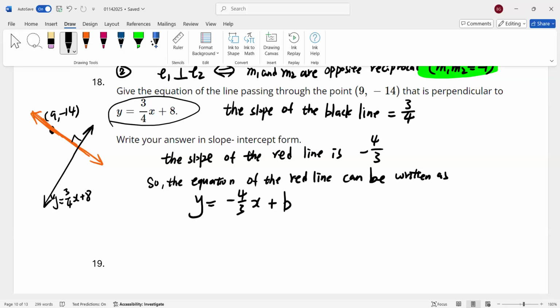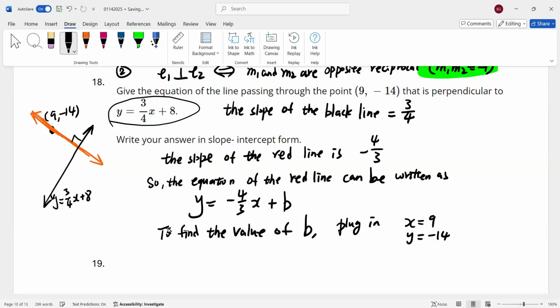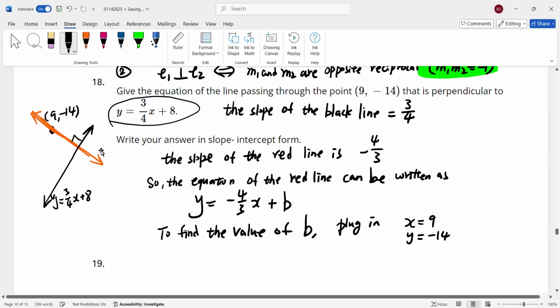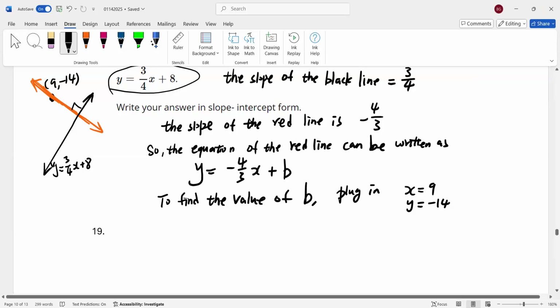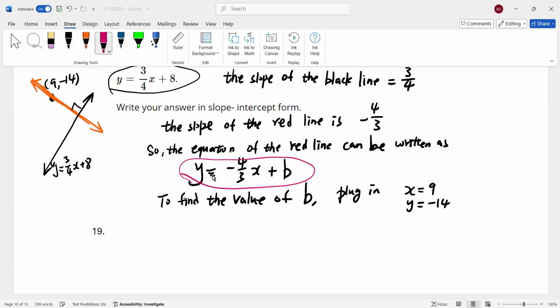How do we find b? To find the value of b, plug in x = 9, y = -14, the given point. The given point is on the red straight line, so the ordered pair (9, -14) should satisfy the equation. Y is -14, x is 9, which can be written as 9 over 1, plus b.